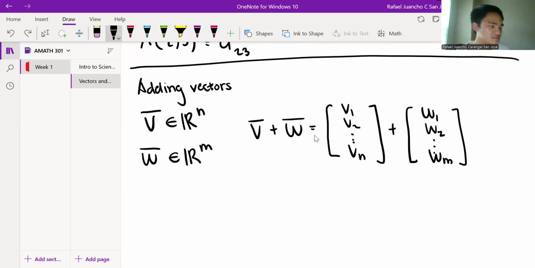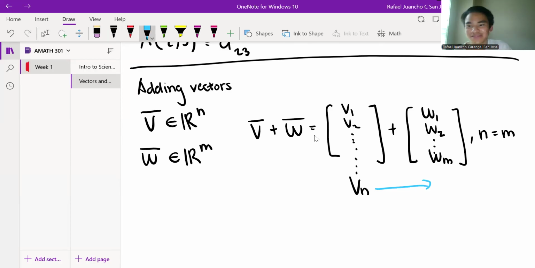But what's the condition? Letter n for nice should be equal to letter m for minion. Why is that? Because let's say one of them is greater. If n is greater, what can be added with it?